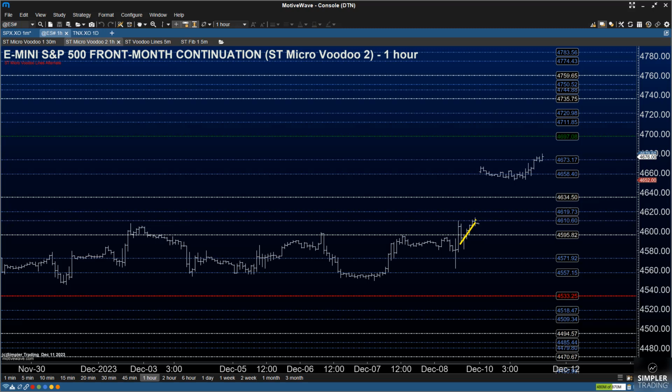But over the course of this week, volume is going to shift from that December 2023 contract into the March 2024 contract, which is what your charts are going to show you likely going forward.